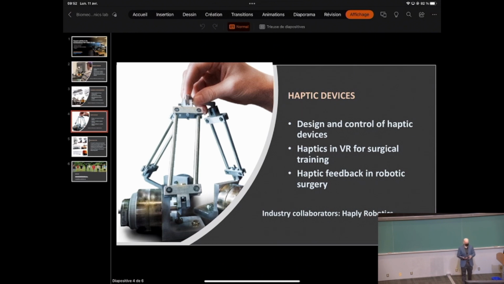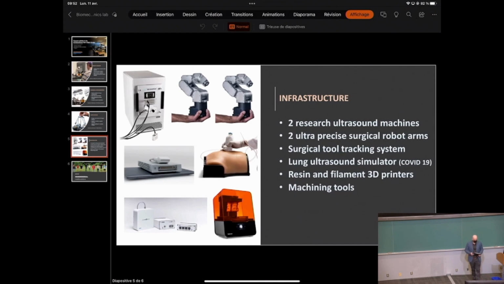We can also use this for virtual reality training. There's another project with them that is going on, and some of these will be in your capstone projects if you're interested. You'll have the chance to work with these robots, ultrasound machines, simulators, lung simulators for example, surgical tracking systems, and virtual reality.